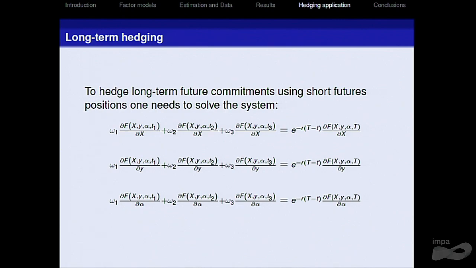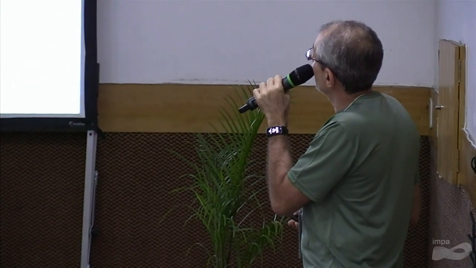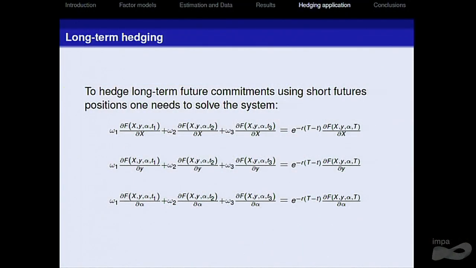So in our case, when we are using short-term contracts to hedge long-term future commitments, it's important to have an accurate position of the model for the first maturity. And you could observe that the three-factor model has a more accurate position, so it would be better to use this kind of modeling to make this kind of hedge, which is very common in the industry.